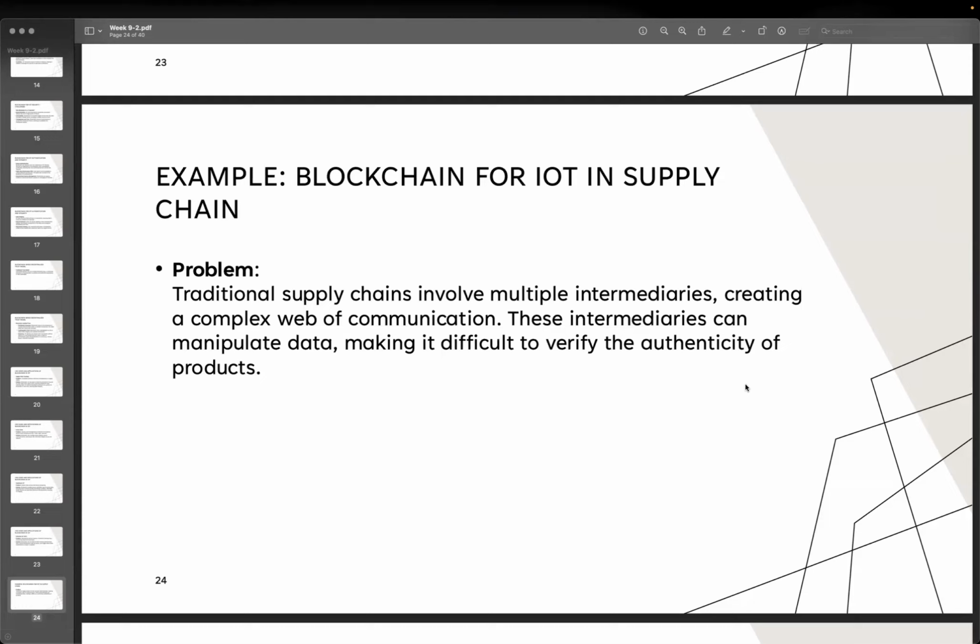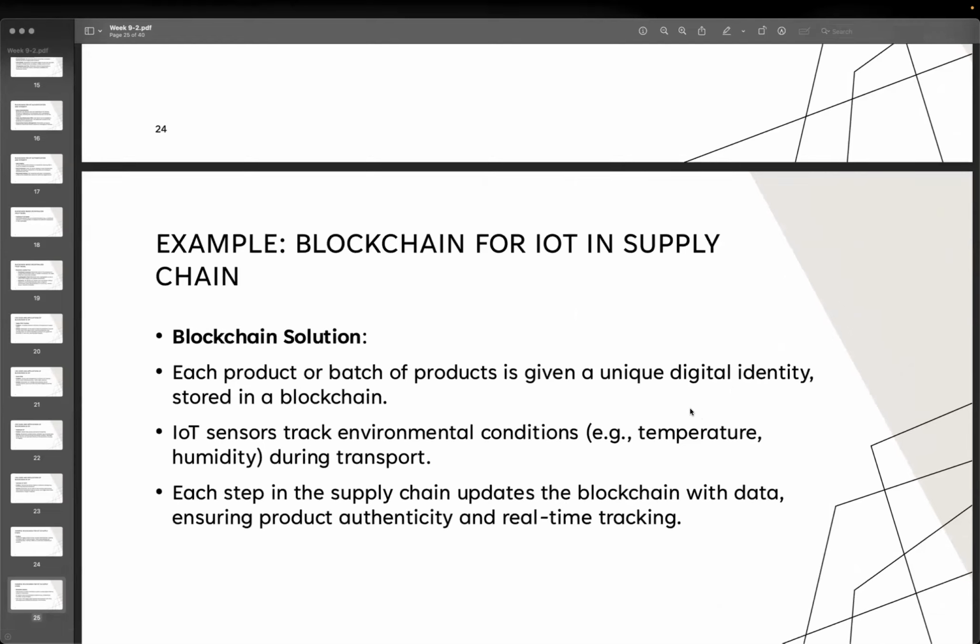It makes it possible for all those intermediaries to manipulate the data, so it's really hard to verify, because you never know in which state or transition the data was hacked and changed. It would be good if we apply the blockchain, so we can't change the history, and they have distributed nodes.